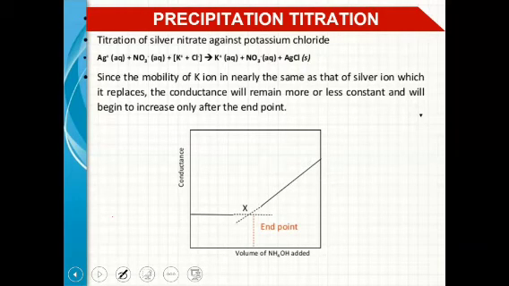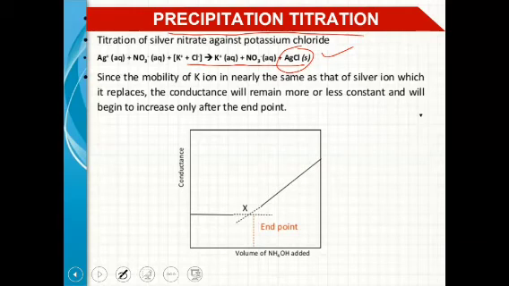The next one is precipitation titration. The best example for the precipitation titration is silver nitrate versus potassium chloride. The silver nitrate reaction with the potassium chloride gives silver chloride as a precipitate.